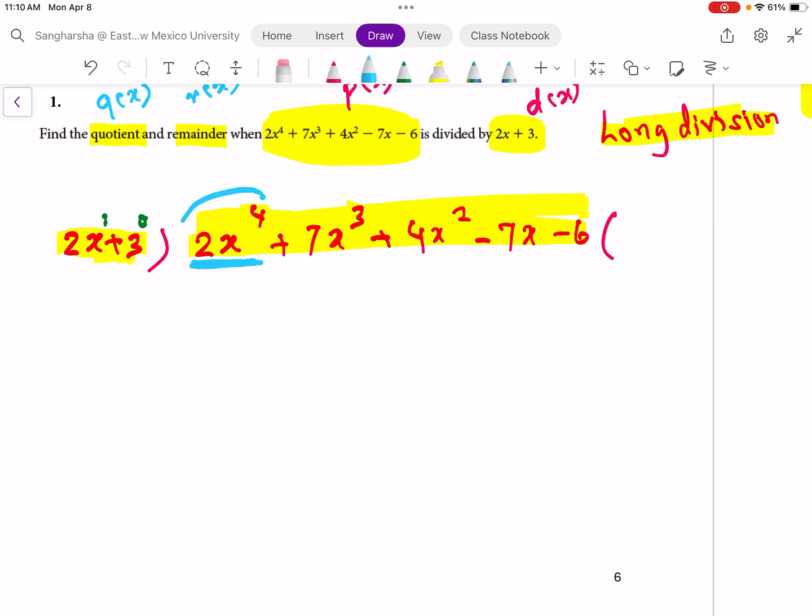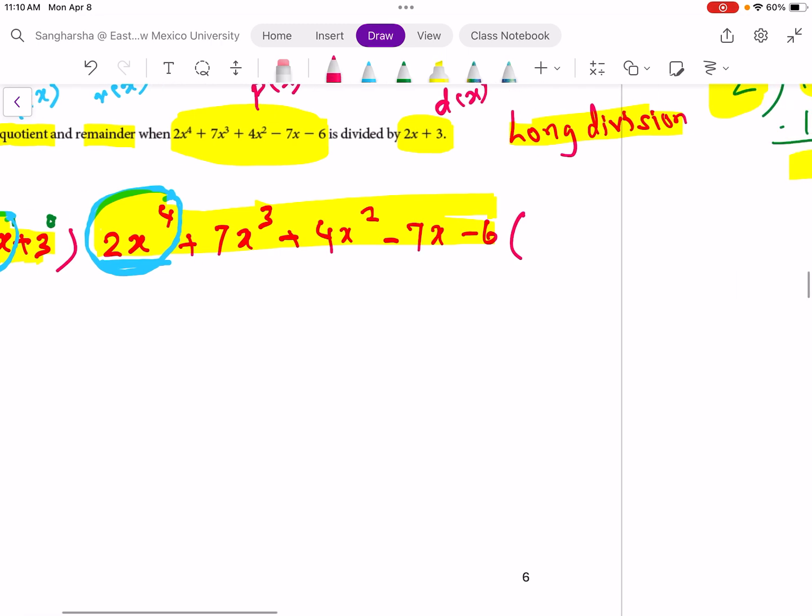This is our leading term. We are not taking just the coefficient, we are taking the leading term, which means we take all of it. So the very first step, we divide the leading term of the dividend by the leading term of the divisor.